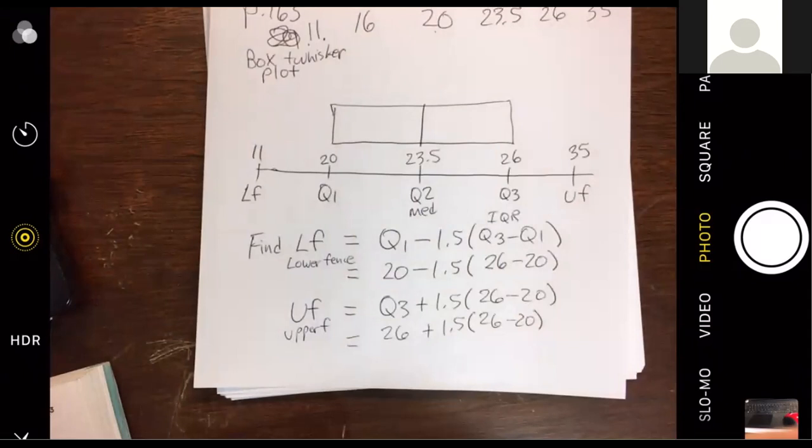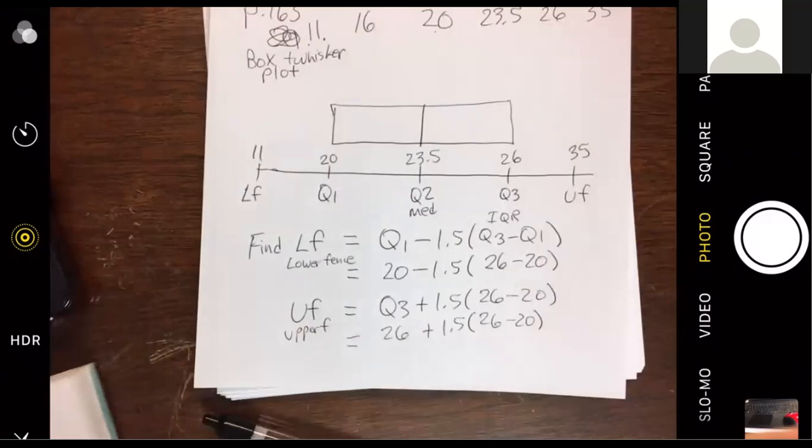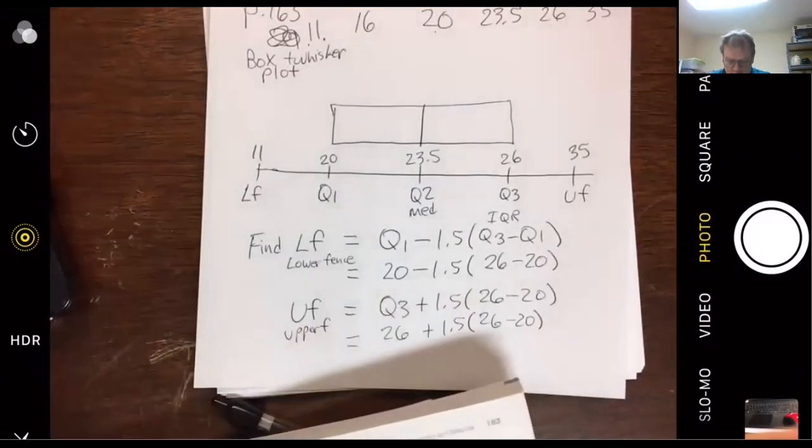I have a question. One quick question. Where is 1.5 coming from? I'm lost. I will show you.